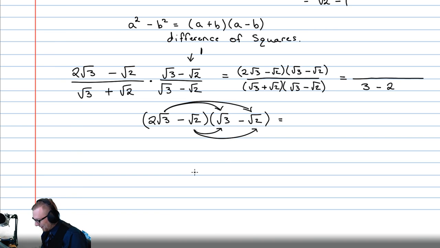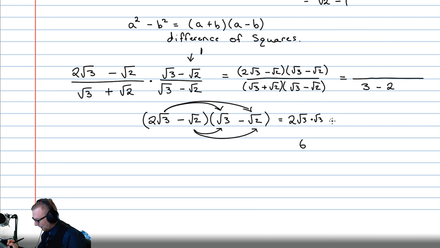Okay, this is what? The first one will be 6. Okay, so 2 root 3s times root 3, right? Which is going to be 6. I'm just going to write them below and next to each other. Next one: 2 times root 6?